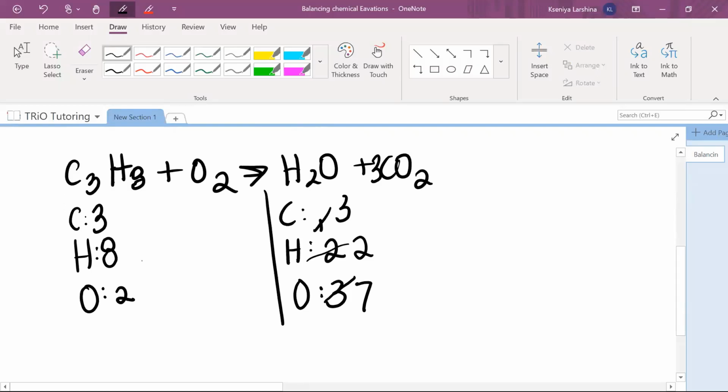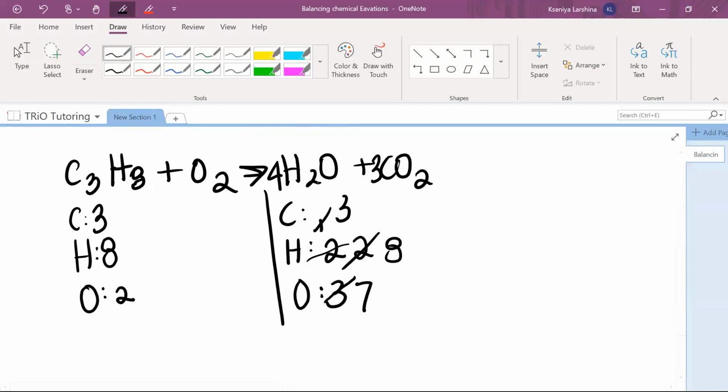Since you have 8 hydrogens on your reactant side, multiply your water by 4 to get 8 hydrogens. So now we have 8 because we multiply our 4 from our hydrogen times 2 because of the coefficient on the bottom.